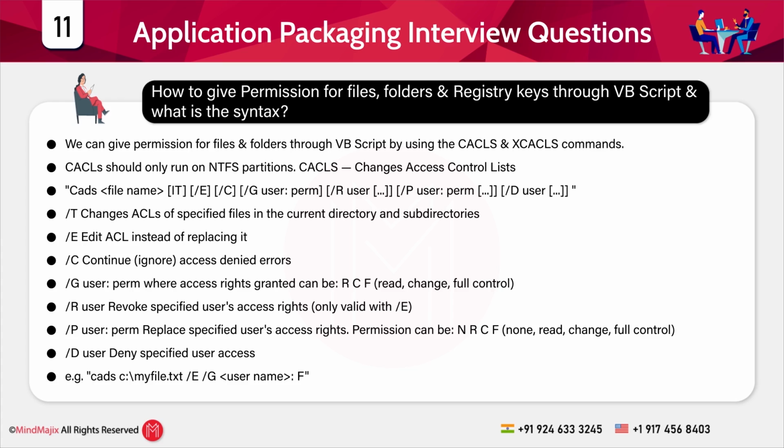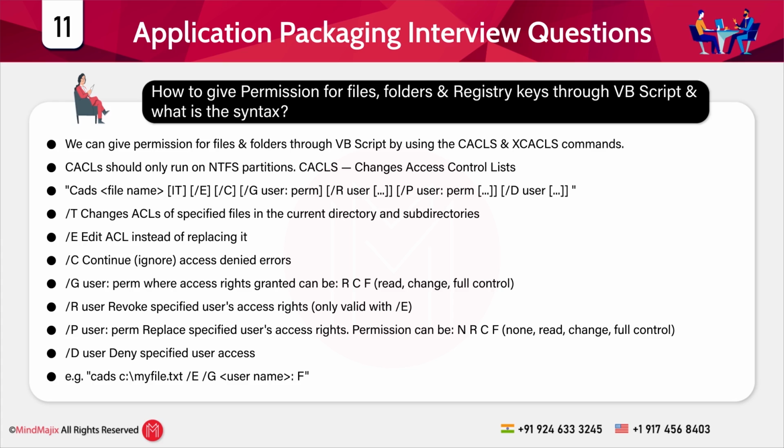C is to continue, ignoring access denied errors. /G is user permission, where the user access rights granted can be read, change, or full control. /R is to revoke the specified user access rights. /P user:perm replaces the specified user rights. Permission can be R, C, F, or N: none, read, change, full control. /D user denies the specified user access.